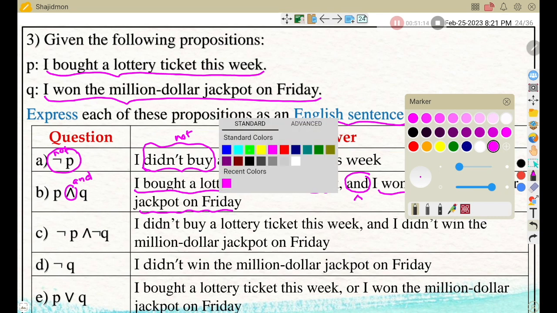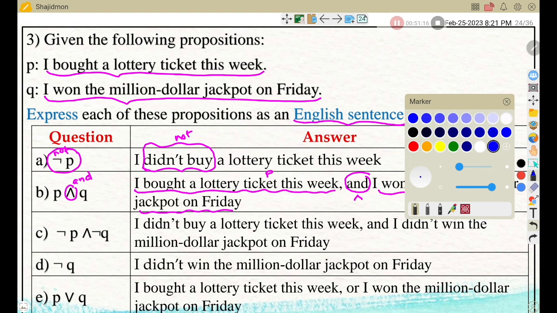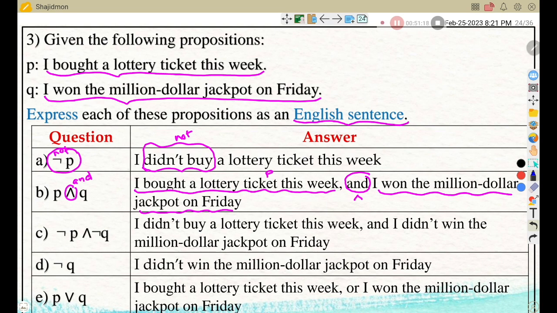Now we'll go to the next one, negation of P and negation of Q. Negation of P, P opposite, and negation of Q, because this is and, correct? So how to write? First write negation P, using not: I didn't buy a lottery ticket in this week.